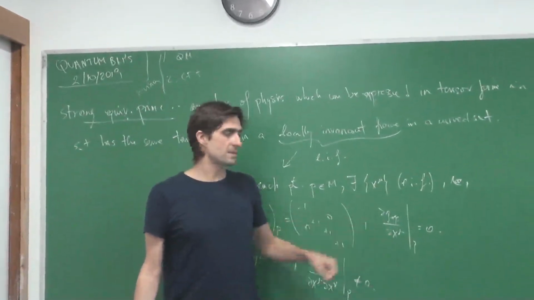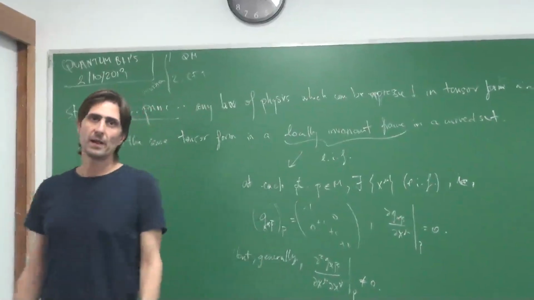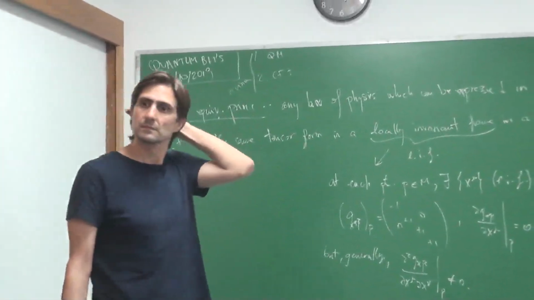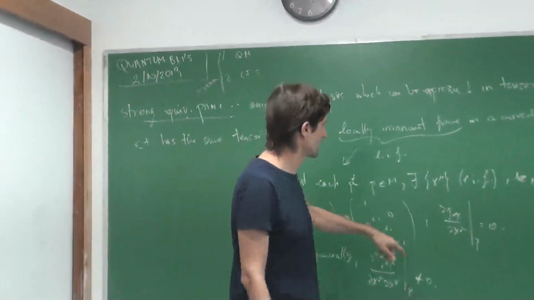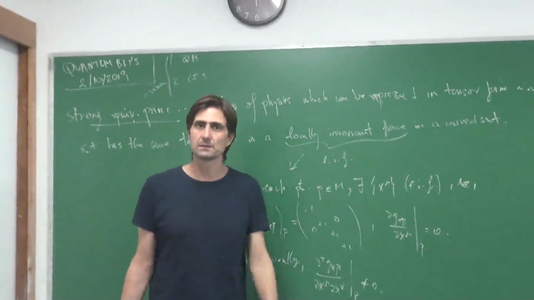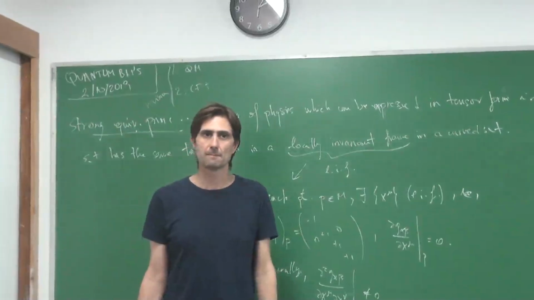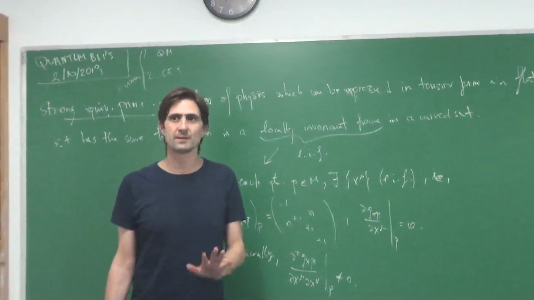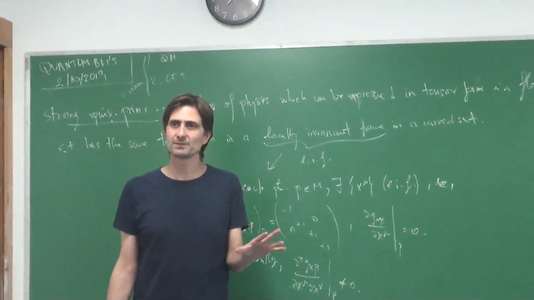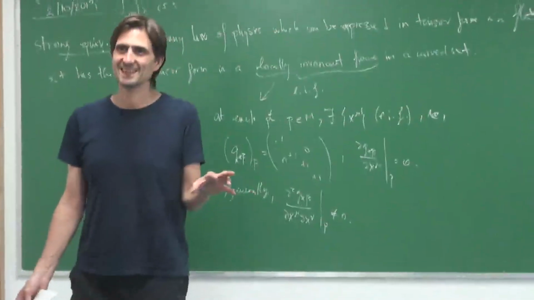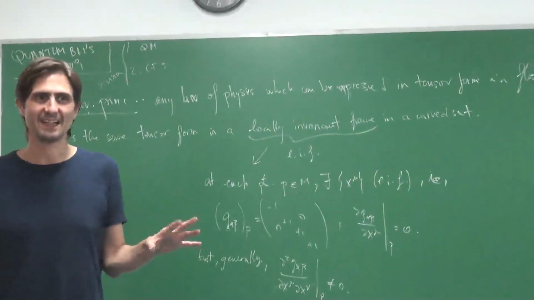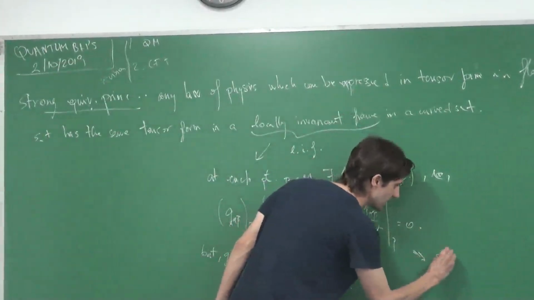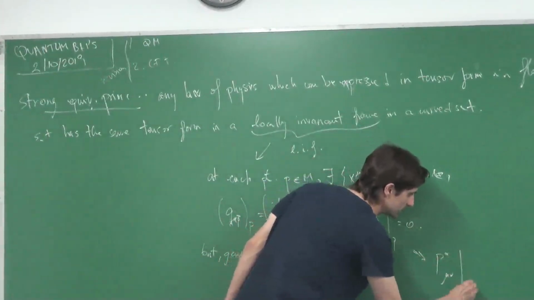What does this imply for the Christoffel symbols at the point P? It's zero, right? So this means that the Christoffel symbols at that point are zero.